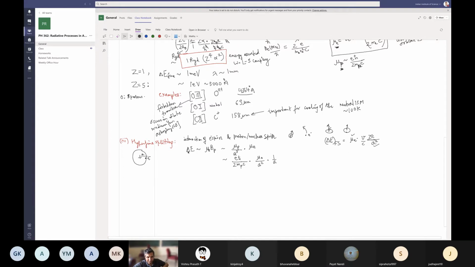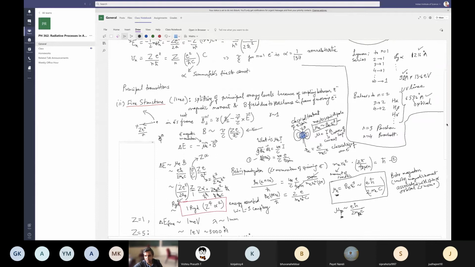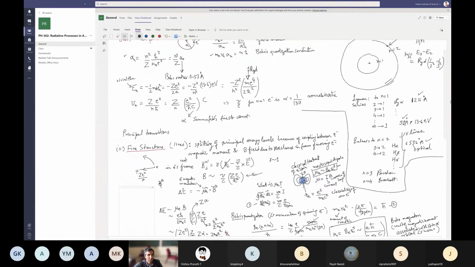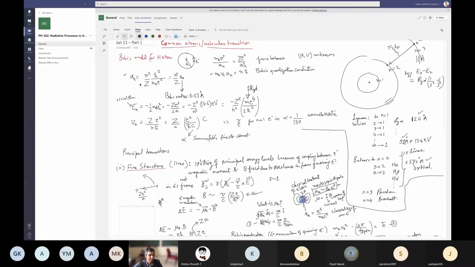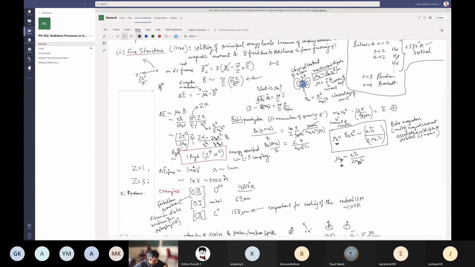So I want to compare the hyperfine line with the fine structure line. Okay, so mu_E is there, A squared is there, 1 by A. And what is 1 by A? A is just h cross squared by Z m_e e squared. Okay, let me just write that down.